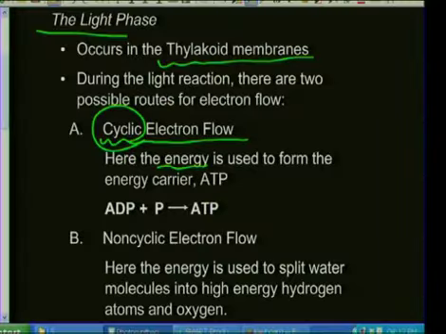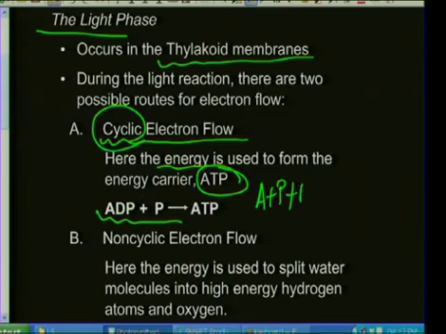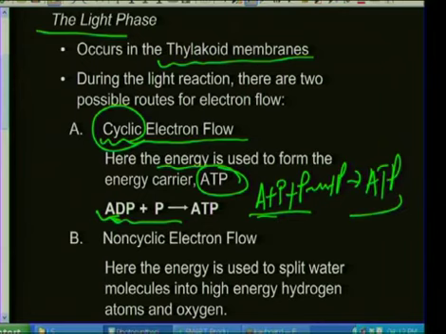What happens here is that the energy that comes from the sun is used to form ATP from ADP plus P. Remember, ADP plus P gives you ATP. So in other words, the energy is used to combine this phosphate here to this molecule here. So we have ATP.